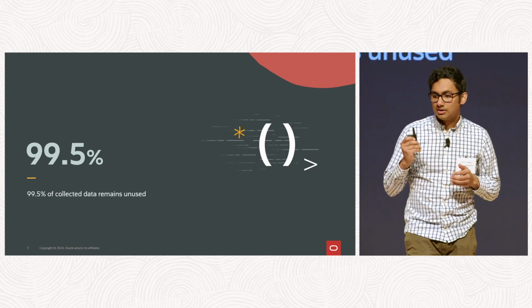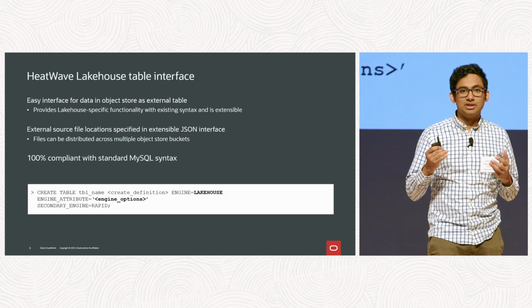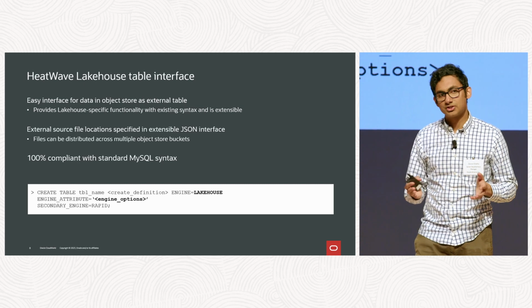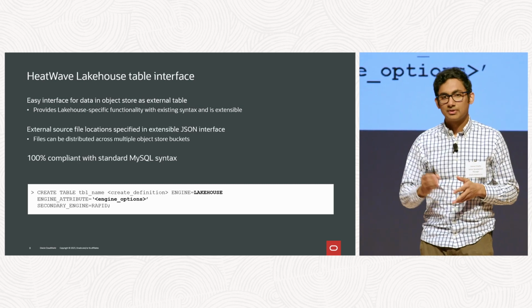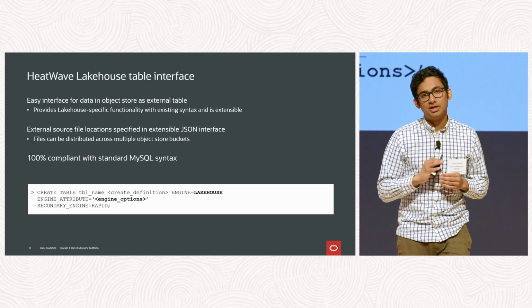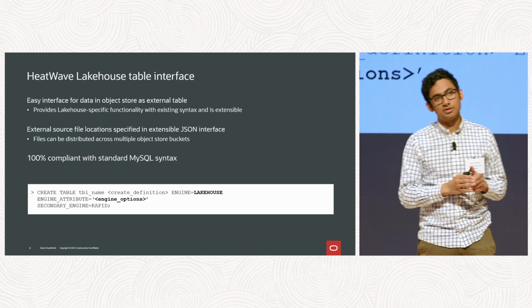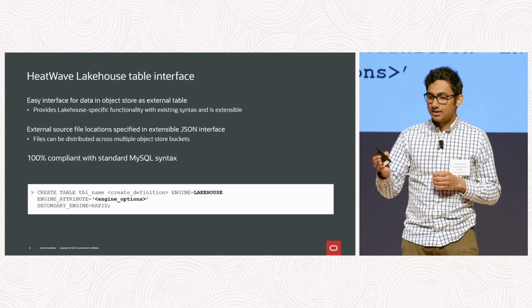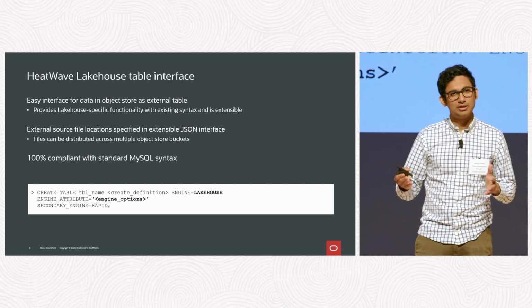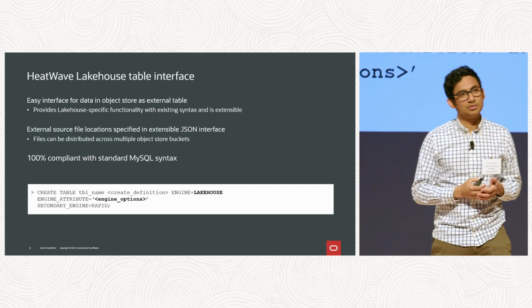And that's where we come up with HeatWave Lakehouse, which I just mentioned, where we can ingest data from object store and make it available for query. I show a very brief pseudo example of how to create a table from this data in object store. You can create the Lakehouse table very similarly to any other MySQL table.